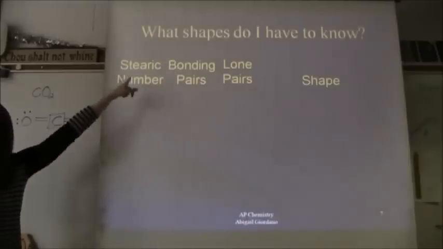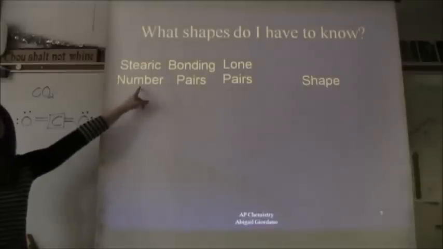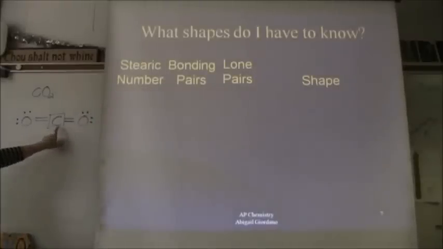This term, steric number, what I'm essentially asking you is, how many sides of this box have something coming off of it? And what's the answer for this one? 2. Carbon dioxide has a steric number of 2.